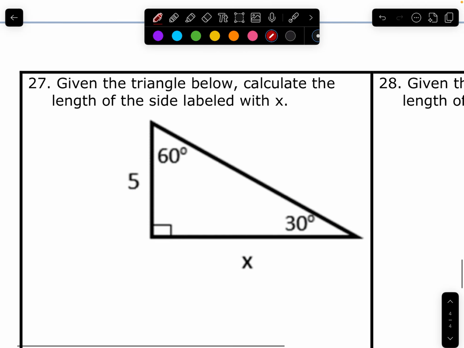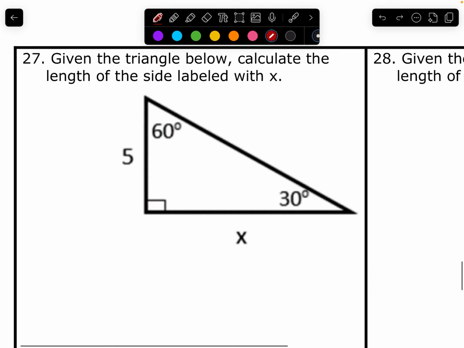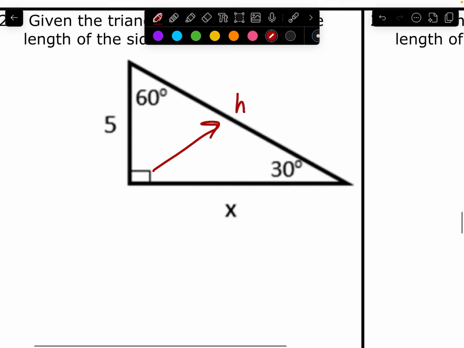27. Given the triangle below, calculate the length of the side labeled with x. So we can use SOHCAHTOA. We can. I'm not, but you could. I'm going to use 30, 60, 90 rules because they're easier. They're simpler, let me say that. So this would be our hypotenuse. Not that we really need it, so I could have just left that alone. This would be the short leg.